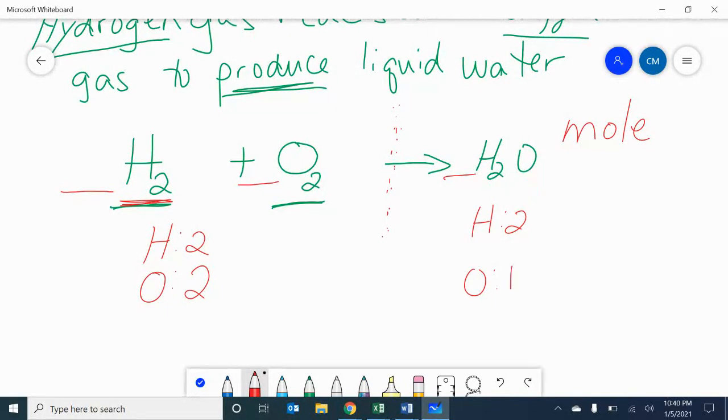So are we balanced? Am I starting with the same amount that I'm ending with? Or am I ending with the same amount that I'm starting with? Well, I've got 2 hydrogens and 2 hydrogens. I'm balanced. I've got 2 oxygens and I have 1 oxygen. Okay, I'm not balanced. Somehow I added hydrogen and oxygen and produced water and I lost an oxygen. Where in the world did it go?